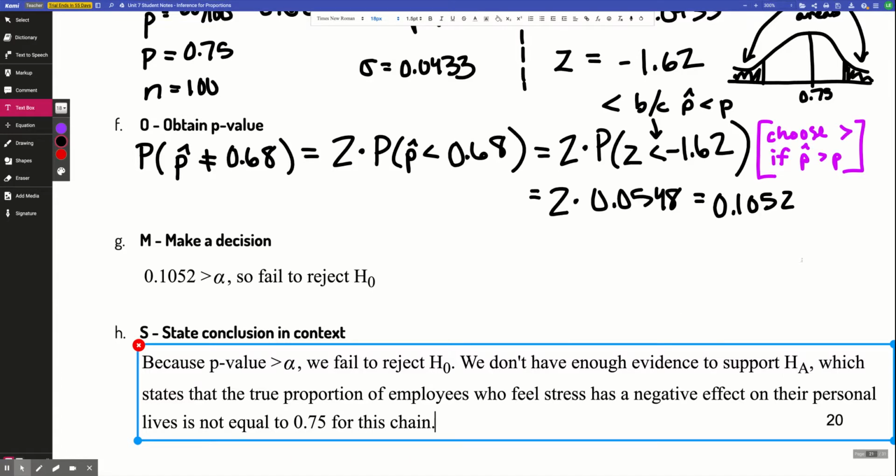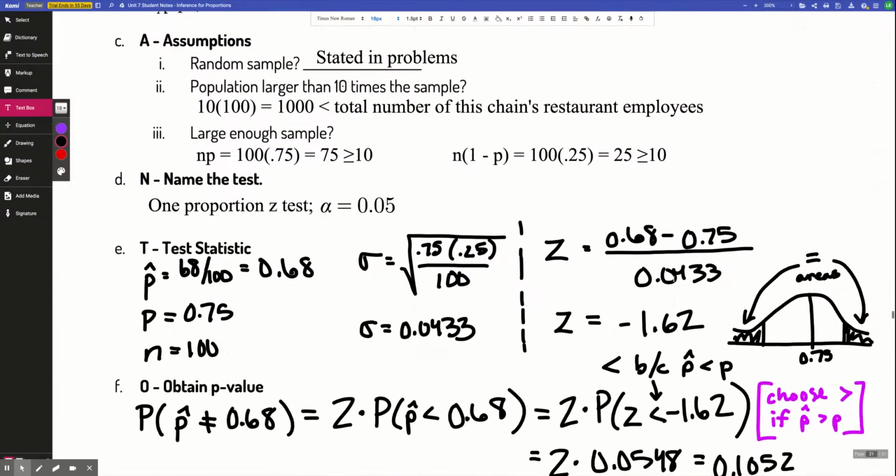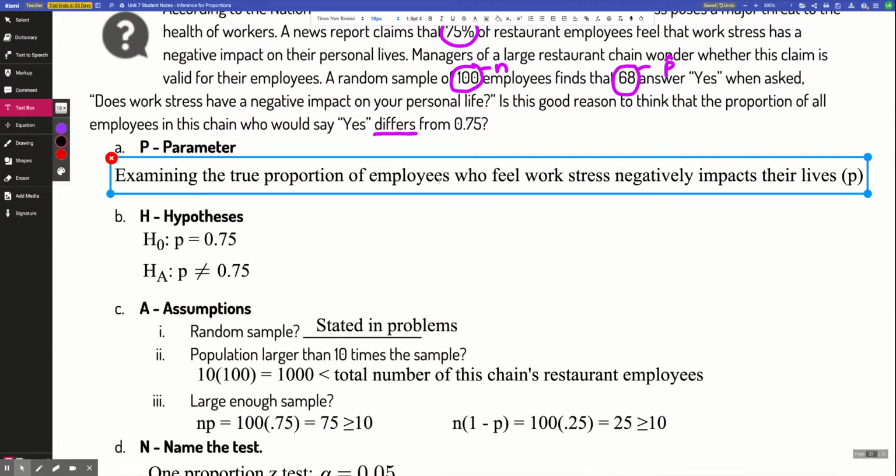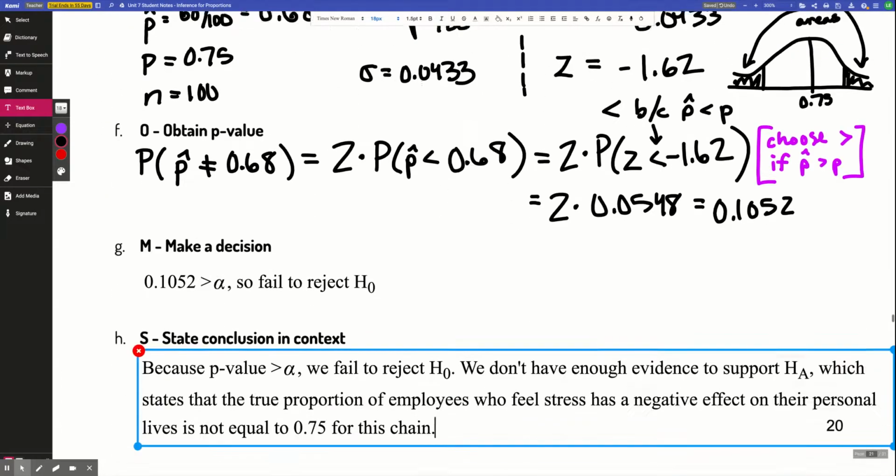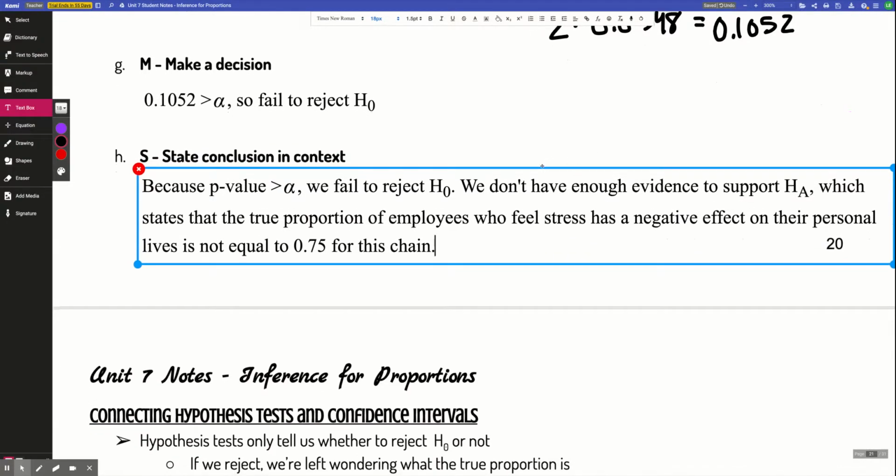Okay. And I'm pulling that directly from the parameter step, right? So part of the reason that I make you write the parameter step is so that you can have the wording to then use in your conclusion and context here.